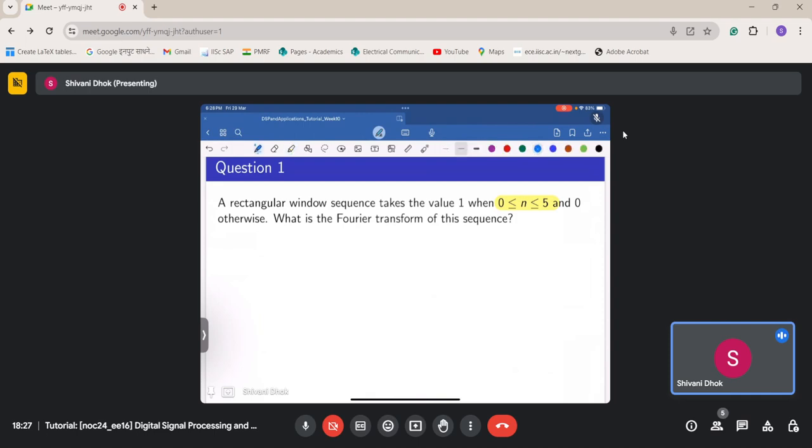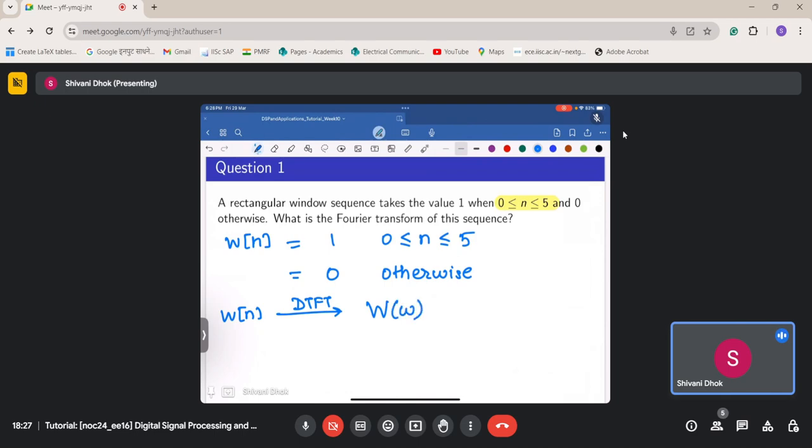So this is a simple question. I have a window, let's say W of n, and this is 1 for 0 less than or equal to n less than or equal to 5, and it is 0 otherwise. We need to figure out the Fourier transform of this. Let the DTFT of this quantity be capital W of omega.